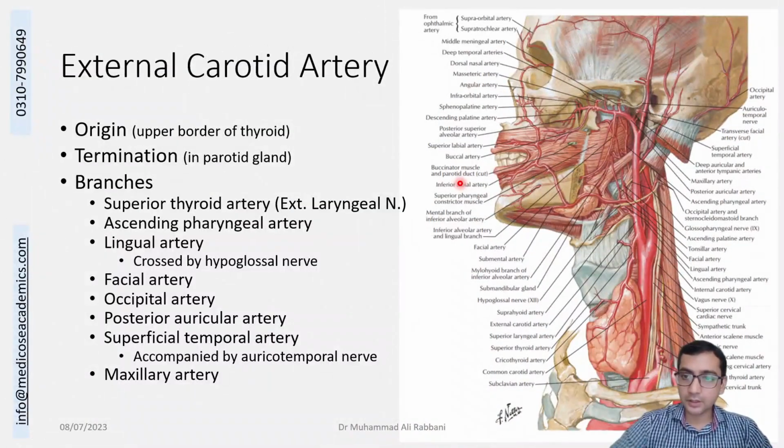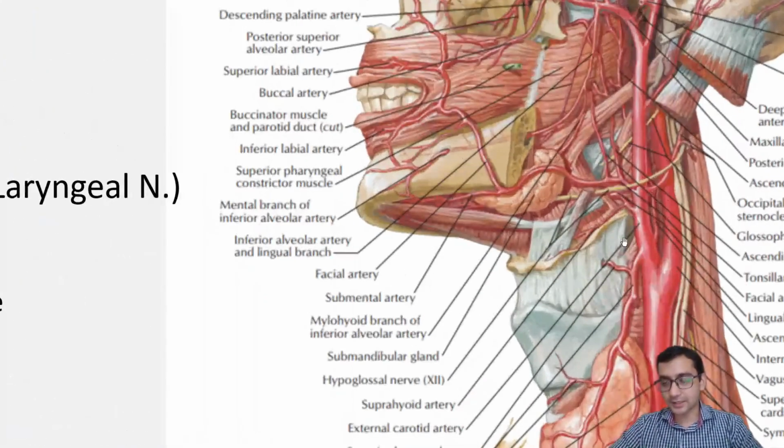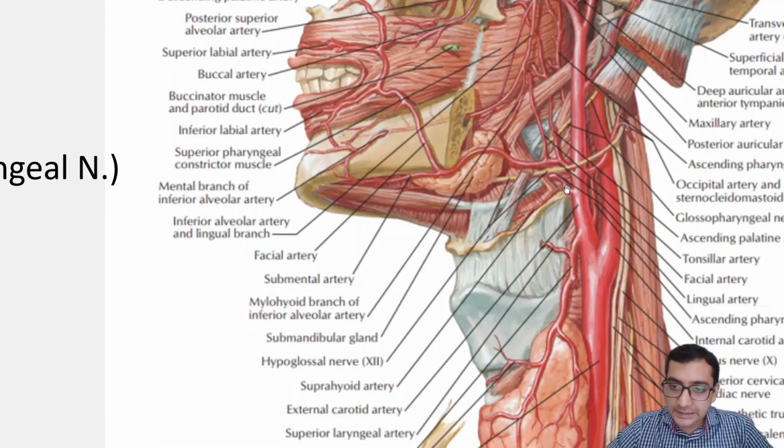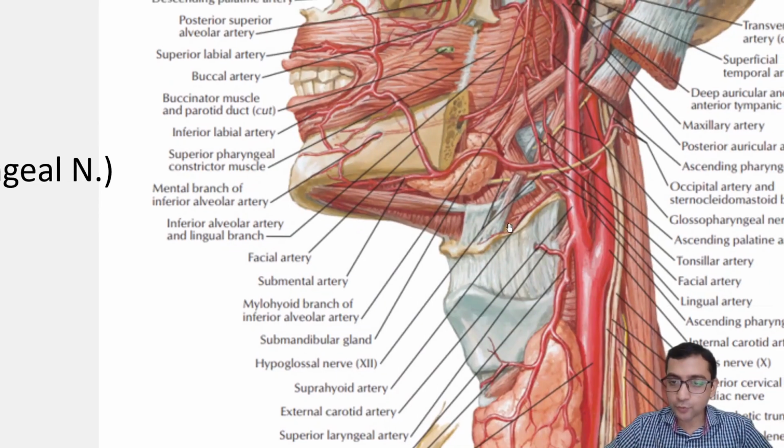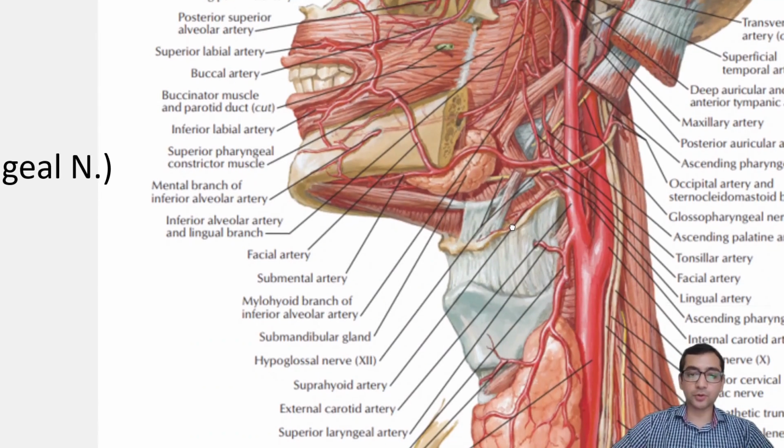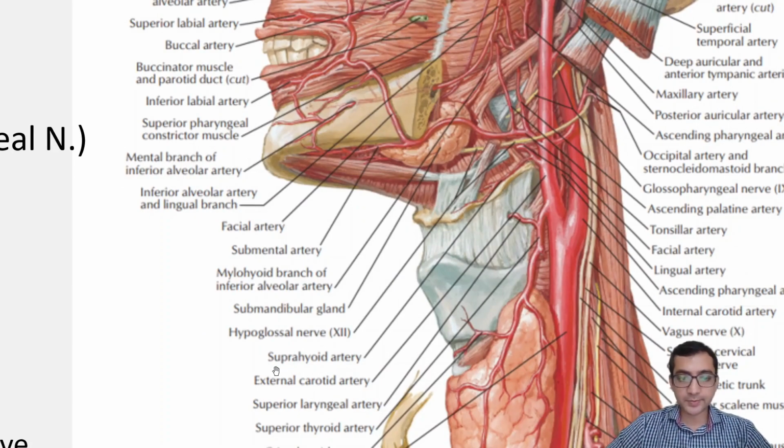The hypoglossal nerve passes lateral to the lingual artery. So this is what I wanted to discuss about the lingual artery. If you are interested, fine, and if you are not, you can forget it also. It has a small branch that moves on the upper aspect of the hyoid bone, simply called the suprahyoid artery. So this is about the lingual artery.